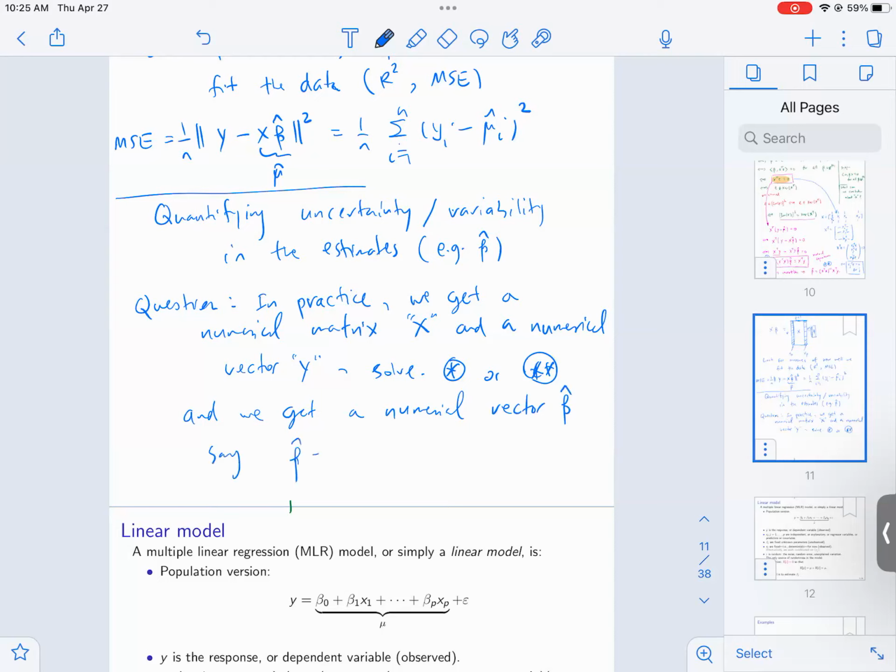Say beta hat would be like 0.05, negative 0.1, 0.22. Okay, let's say that's what I get.